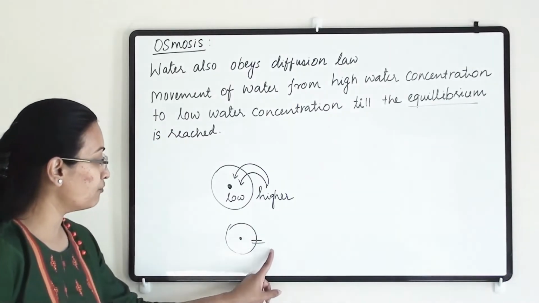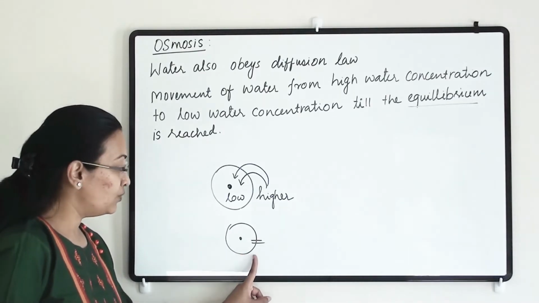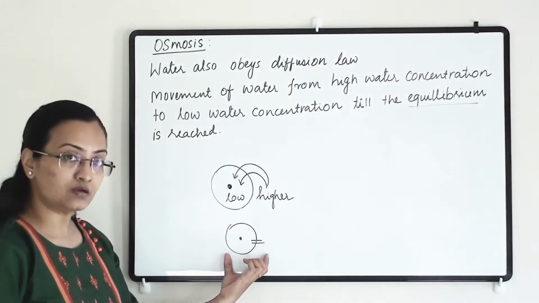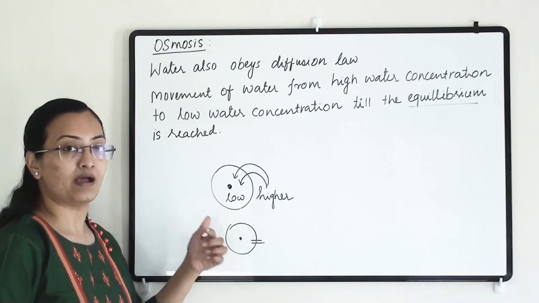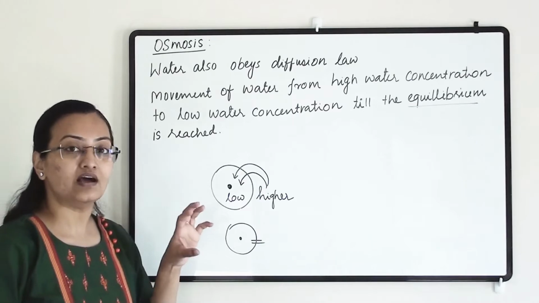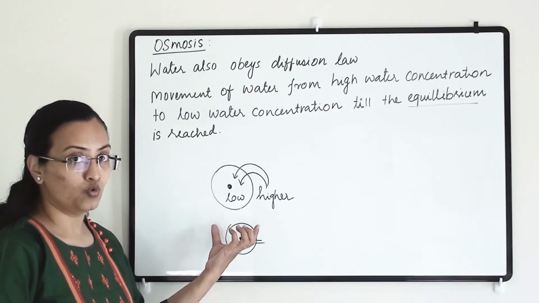The amount of water outside and inside the cell will come to equilibrium. Till that time, this movement will keep on happening, with water coming in from outside. And who allows this movement? The plasma membrane.